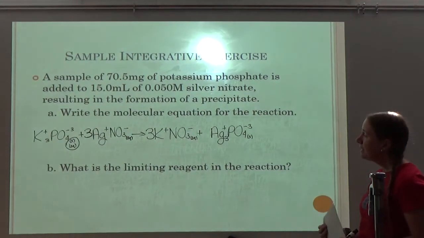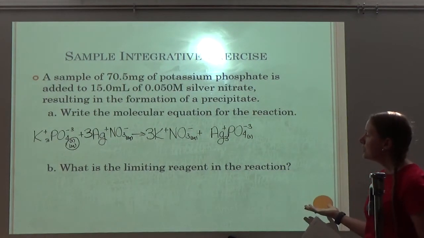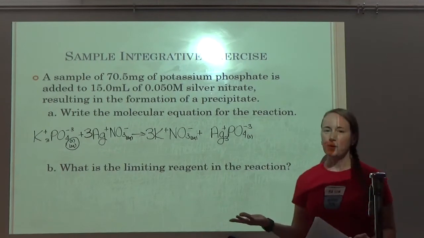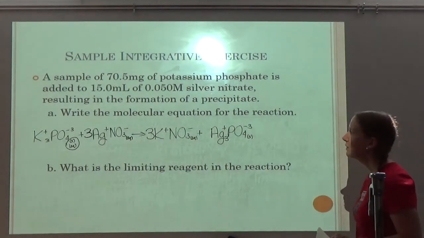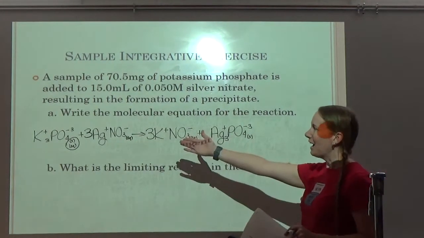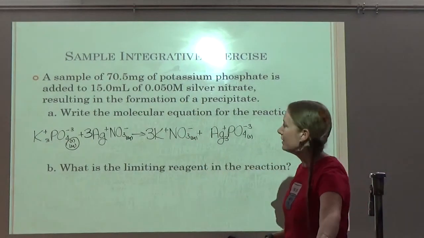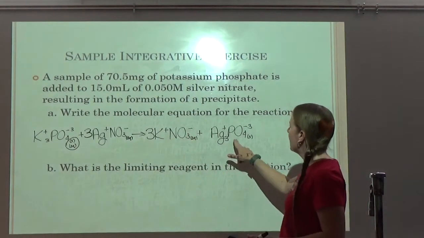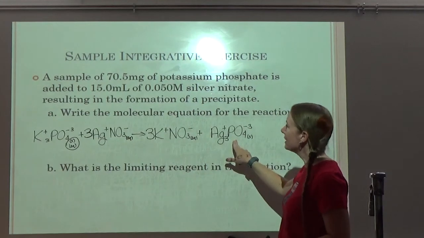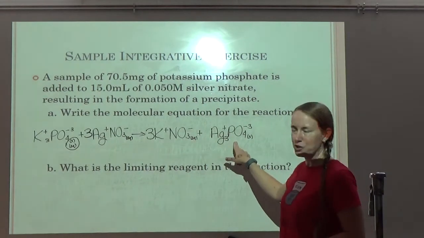All right, so part B says, what is the limiting reagent in the reaction? Going back to stoichiometry, limiting reagents. We have our reaction here. I'm going to go to our precipitate because I would assume that's what we'll be most interested in.